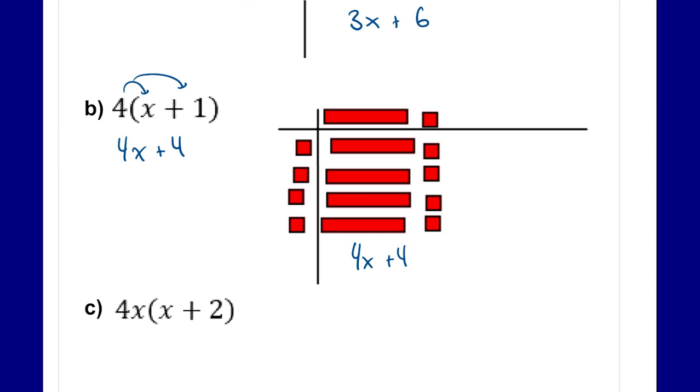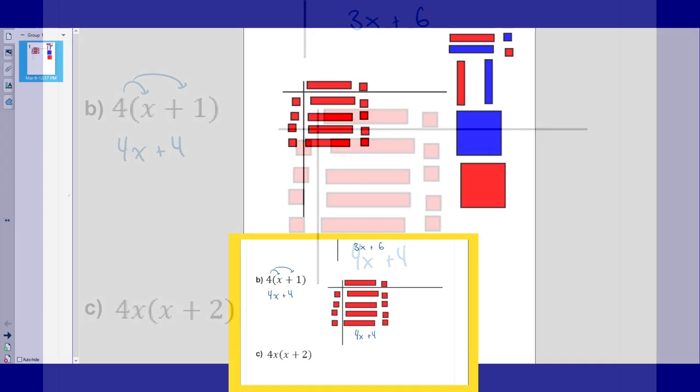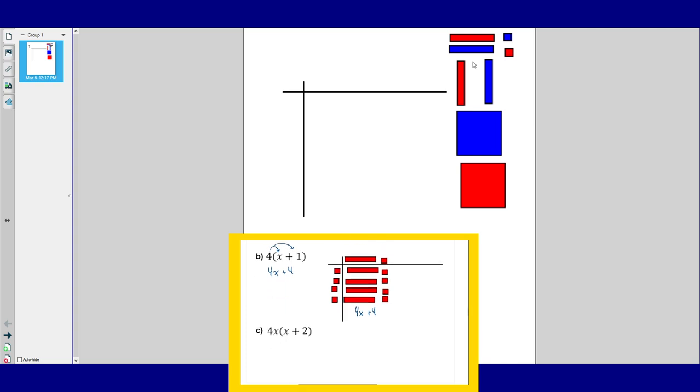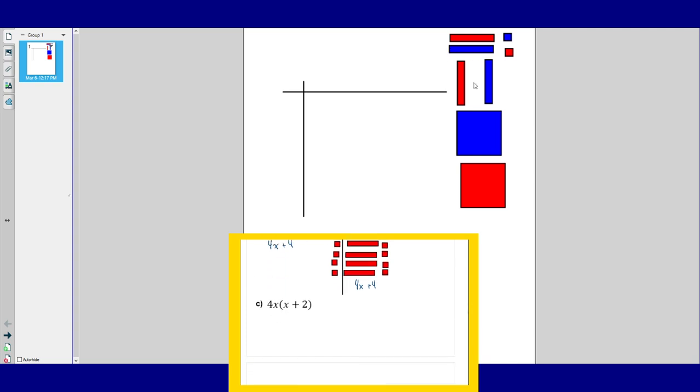For the last one, it's going to be a little bit different, because the term that we're multiplying now is not just a number. It has a number and a variable. But we're still going to treat it the same way. So 4x is going to go on one side.